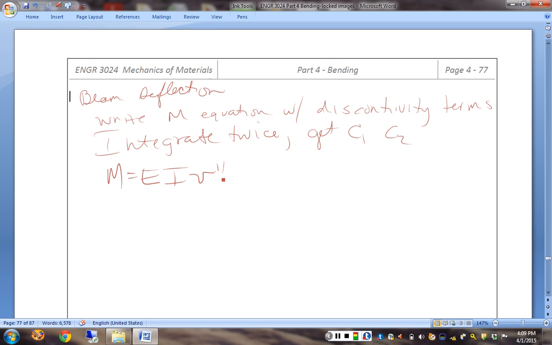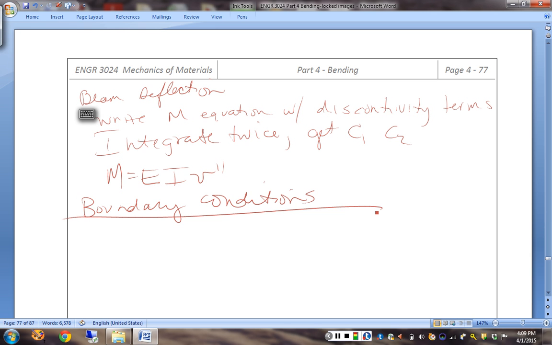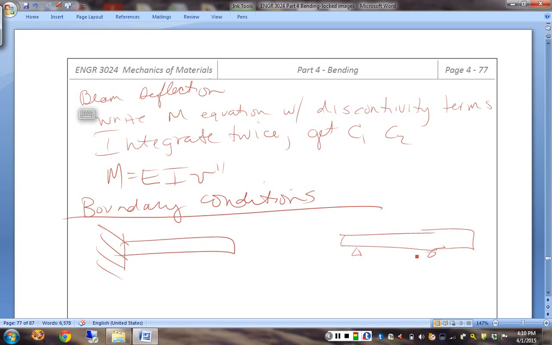The other thing that you need to remember is what are the different boundary conditions. They give you part of the answer, depending on if you've got a cantilever or a simply supported case. There are geometric truths that give you some math.